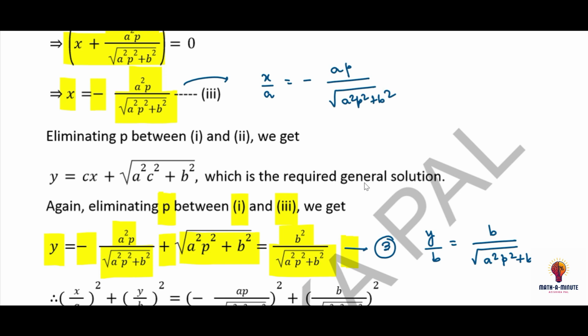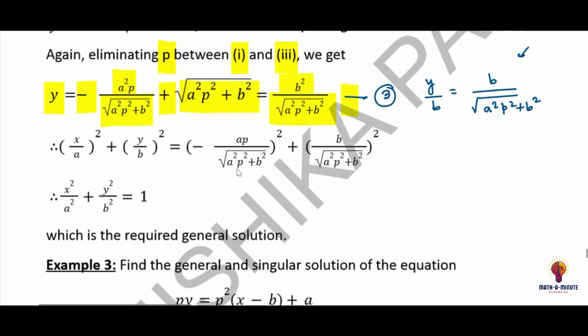Now if I square both sides of these two equations and add them, it will be (x/a)² plus (y/b)² equals (minus ap by the square root of a²p² plus b²)² plus (b by the square root of a²p² plus b²)². So if we simplify this, it will cancel out and we can say this value is 1.